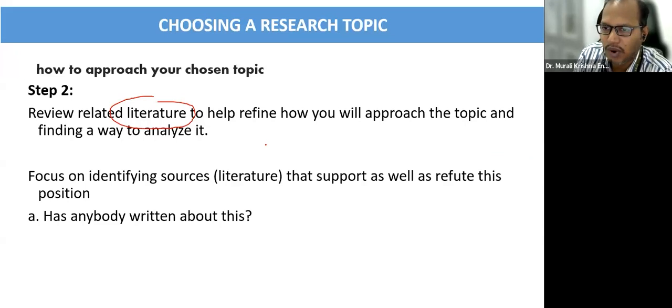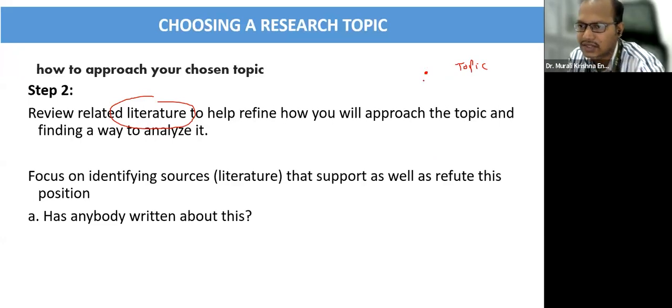A topic is just a dot, and you need to look at its surroundings. Then only can I understand whether this topic is suitable for me, whether it is solvable or not, and whether it can be digested or not.